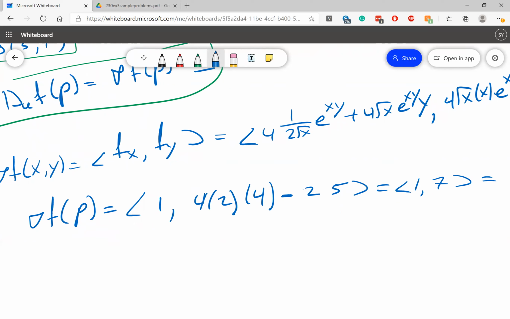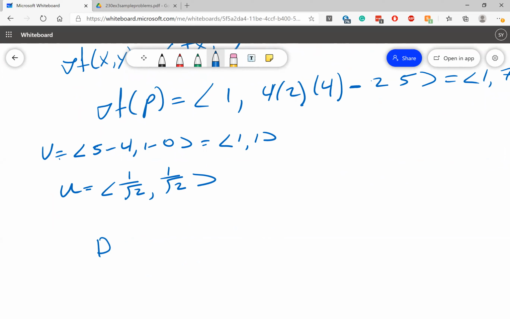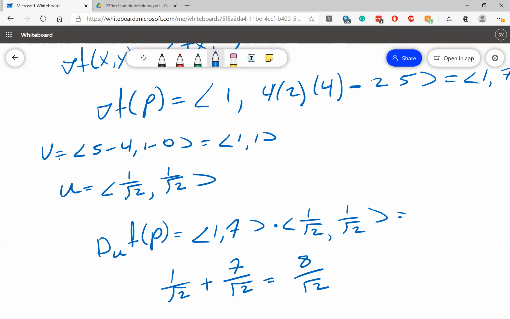Okay, so now we can say that the directional derivative in the direction of u of f at point P is going to be (1, 7) dotted with (1 over the square root of 2, 1 over the square root of 2), which is going to be 1 over the square root of 2 plus 7 over the square root of 2, which is going to be 8 over the square root of 2.